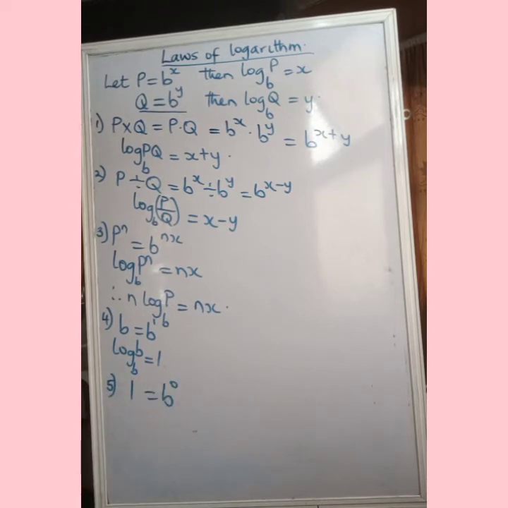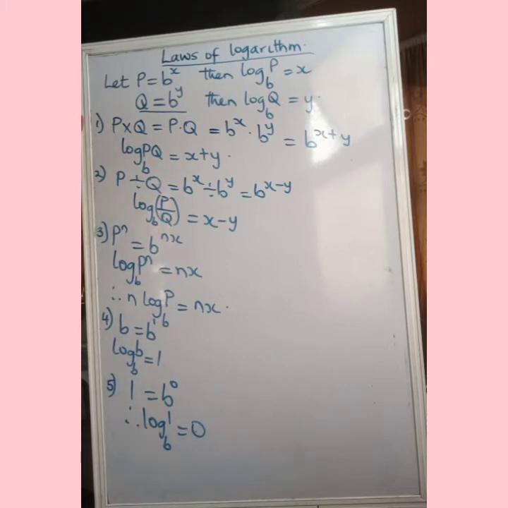Remember, I used to mention in my video, even when we were doing binary, anything raised per 0 is 1. Either an alphabet or a number raised per 0 is 1. Now let's write it in log. Log of 1 base B equals 0.